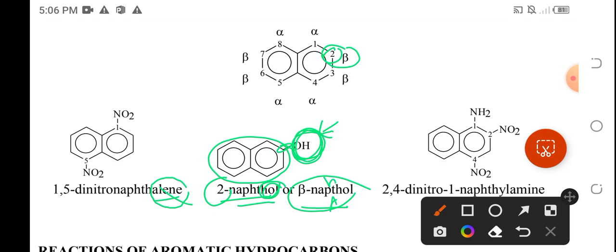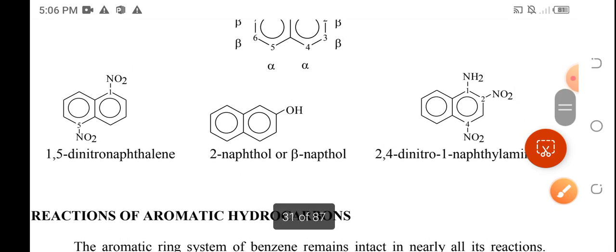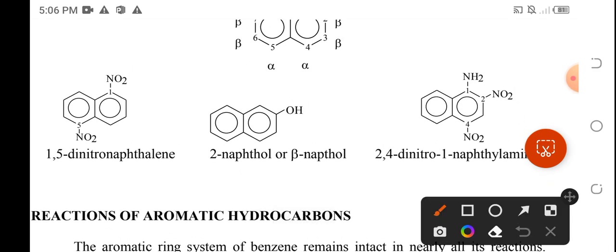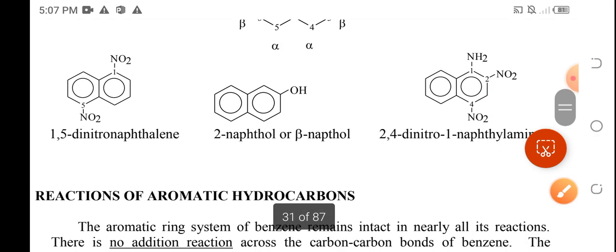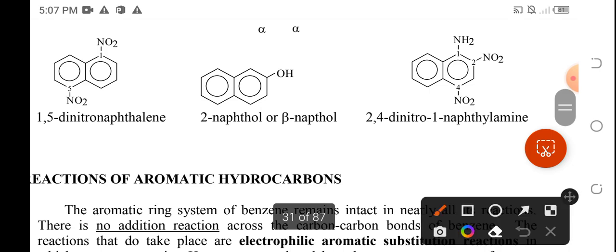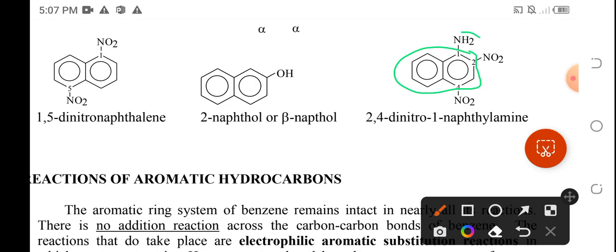Okay? And then we also have here 2,4-dinitro. Paano naging 2,4? Because on the second carbon atom and on the fourth carbon atom, it has nitro. And then 1-naphthylamine. Why naphthylamine? Because the naphthalene has the priority functional group of amino NH2, kaya naging collective name niya as naphthylamine.